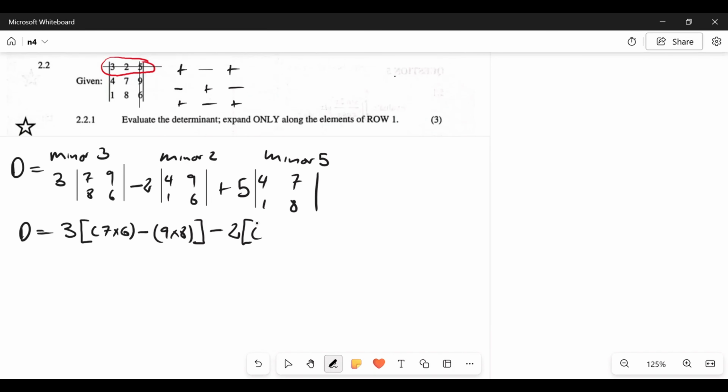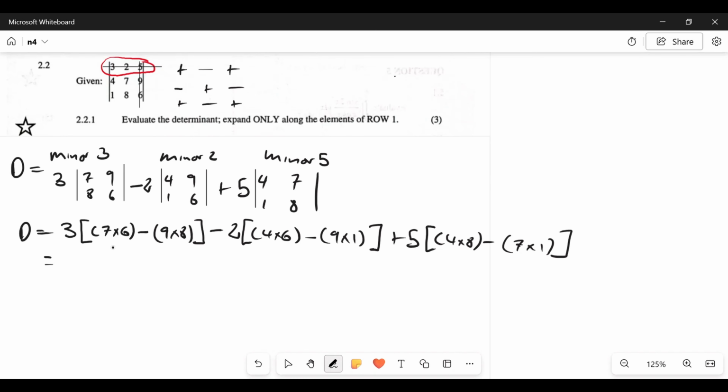We have 4 multiplied by 6 as the first term, minus the second term, which is 9 multiplied by 1. And then we have the last one, minus 5. Inside the bracket there, we have 4 multiplied by 8, minus 7 multiplied by 1.